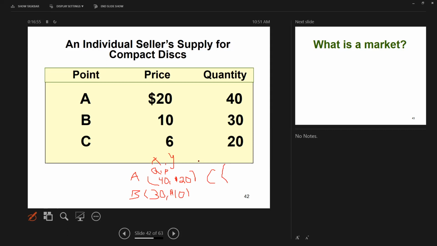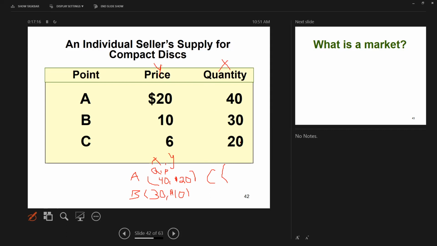What is the name for point B? The X coordinate, comma, Y coordinate. If you get confused, you can make sure you put X and Y above the variables. So quantity is on my x-axis, price is on my y-axis.